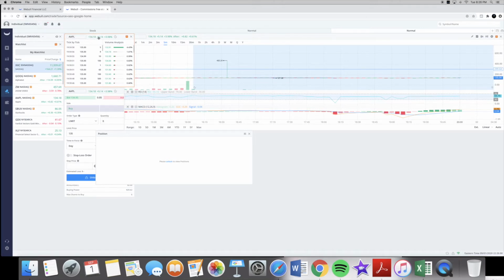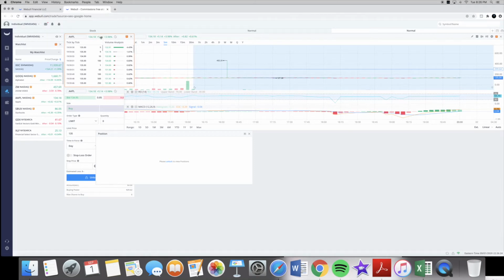Now, this plus 5.14 means that from yesterday, the Apple stock is $5.14 higher. So yesterday, the stock of Apple closed around $129.04.